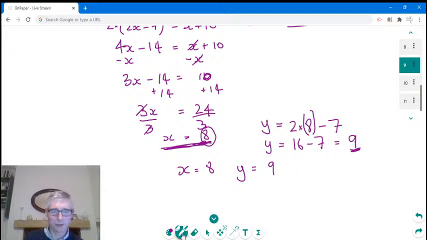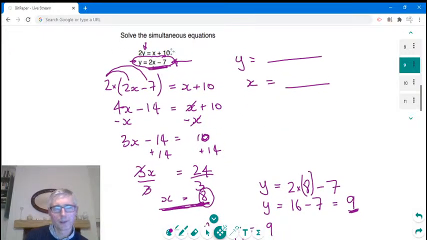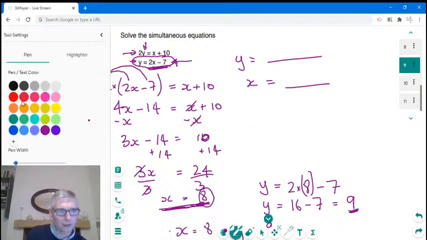And if we did want to do a little check, and we can do this with all of them, I was just sort of not trying to take too long over the video. If we put those values of x equals 8 and y equals 9 into the first equation here, we should find it works. So I'll just change pen so we don't get confused with what I'm doing.